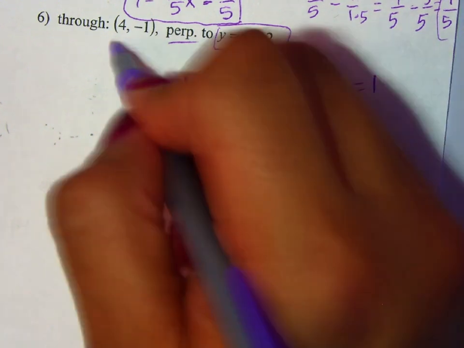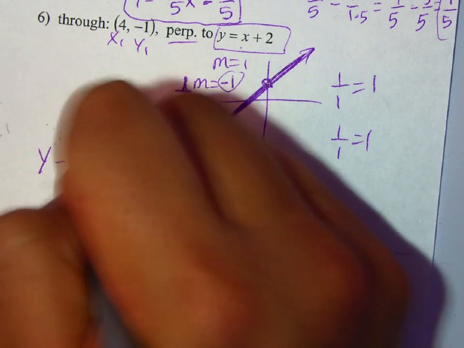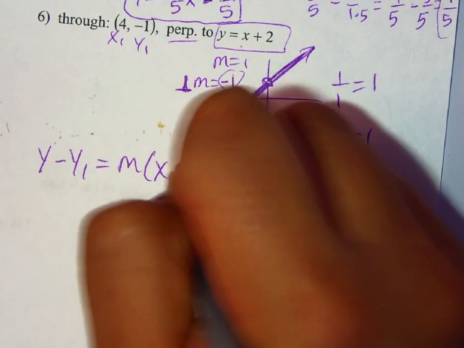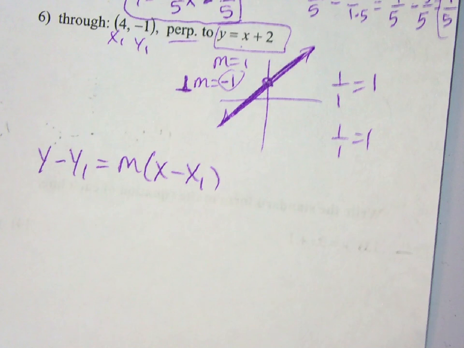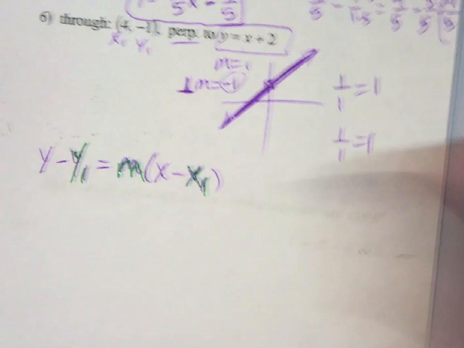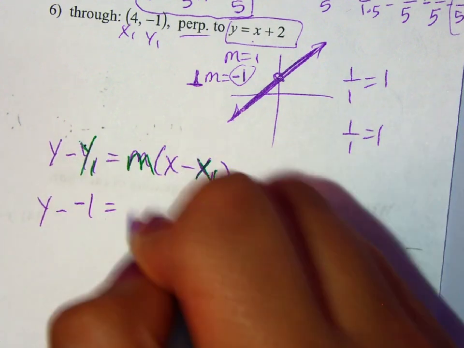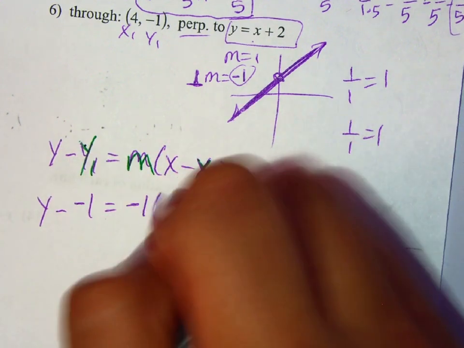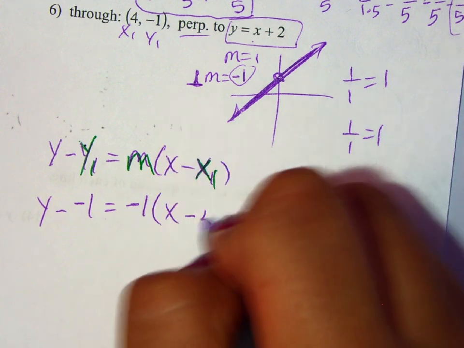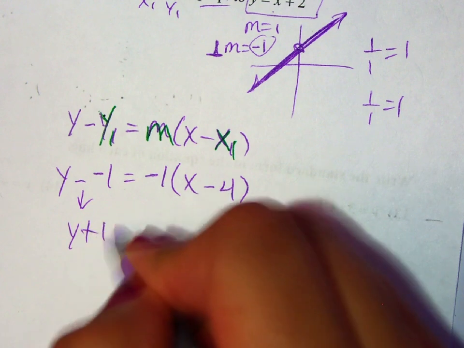And then the point we're going to use is x1, y1 right here. So y minus y1 equals m times x minus x1. We're going to substitute the y1, the m, and the x1. So y minus negative 1 equals the slope of negative 1, x minus 4. Double negative becomes positive.